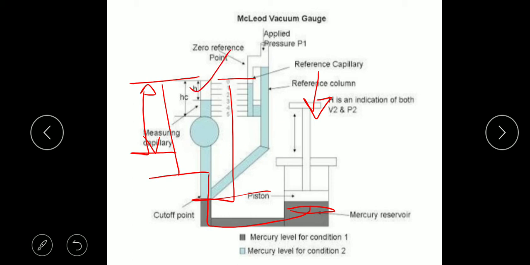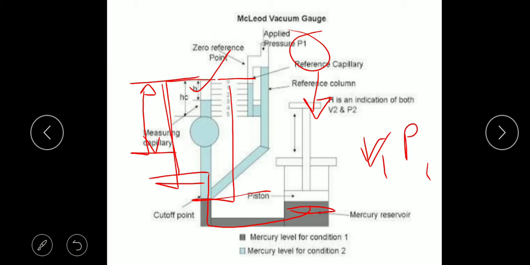Then we will get V1, the volume before the compression, and P1 is the unknown pressure. We know V1 just by applying the formula to this tube, and we will have P1, the unknown pressure.